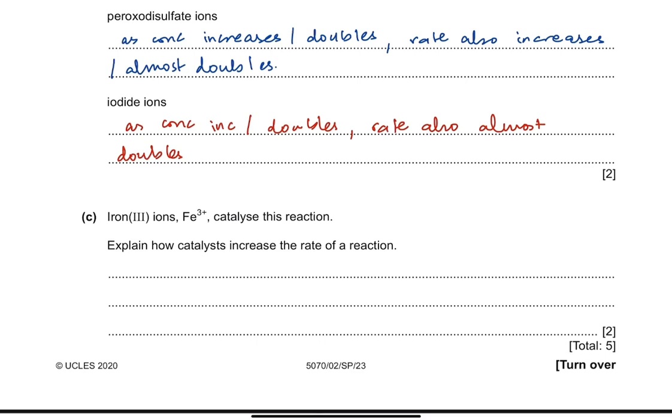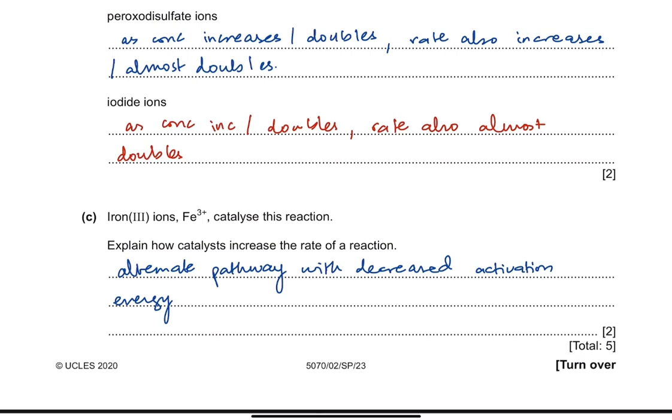Fe3+ ions catalyze this reaction. Explain how catalysts increase the rate of reaction. So basically they provide an alternate pathway with decreased activation energy.